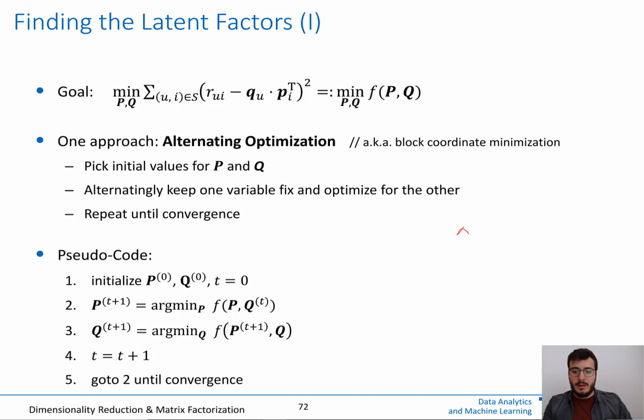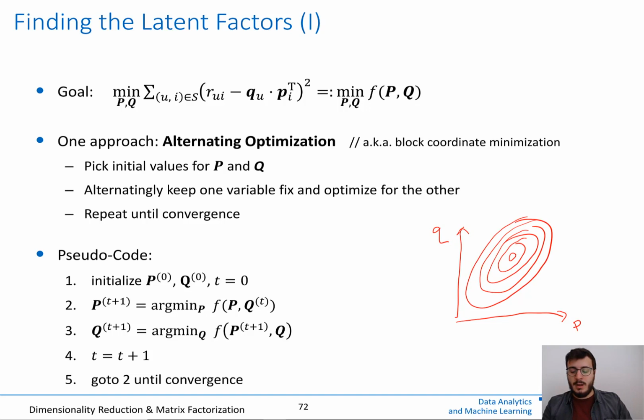So you can imagine that you have two variables called P and Q. So now these variables are single dimensional variables, but you can imagine the same thing holds in general for matrices P and Q. And let's say we have some error function, which is here denoted with these contour lines, and this alternating optimization, starting from some initial point P, Q, first goes into one direction, then goes into the other direction, then into the previous, and so on, and keeps alternating between solving for P and solving for Q until it reaches the minimum.